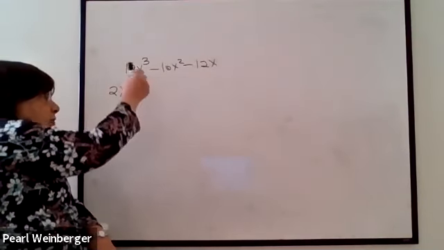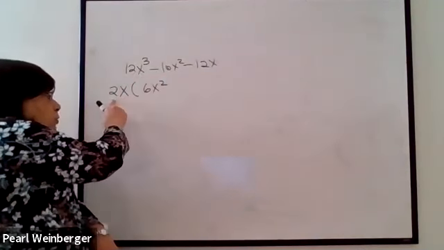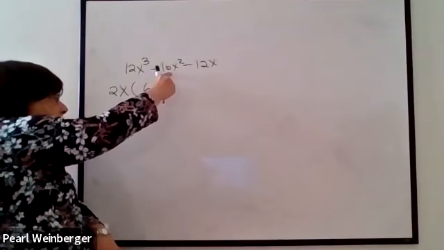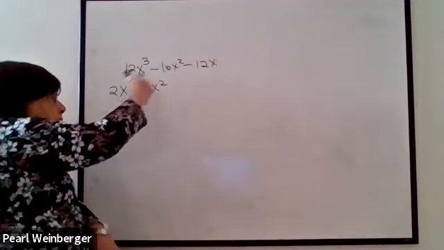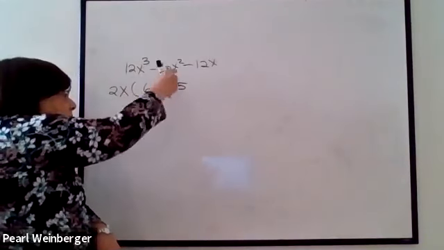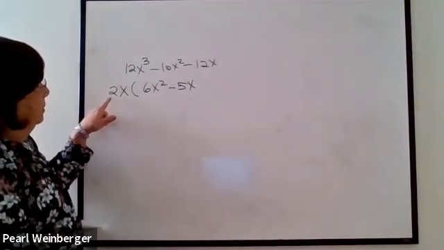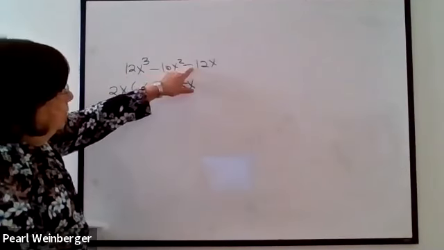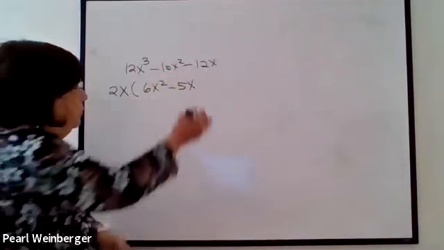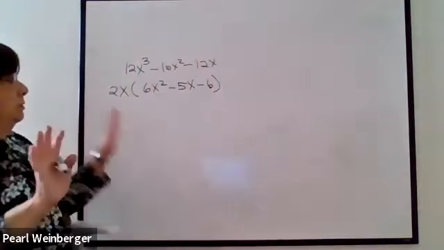2 into 12x cubed gives me 6x squared. 2x into negative 10x squared: the 2 into the negative 10 is negative 5, and the x into the x squared gives me x. And finally, 2x into negative 12x: the 2 into the negative 12 gives me negative 6, and the x cancels out.